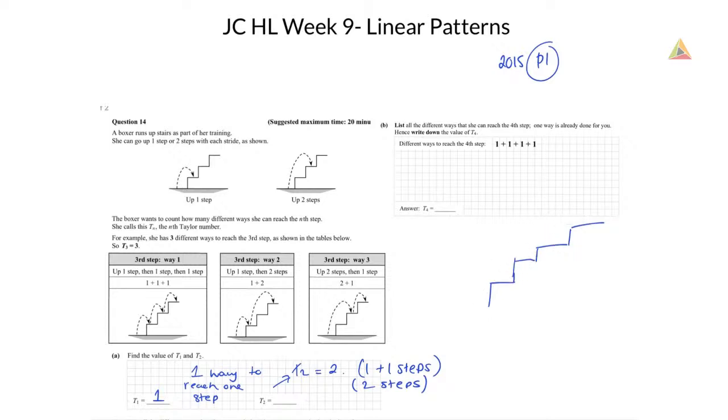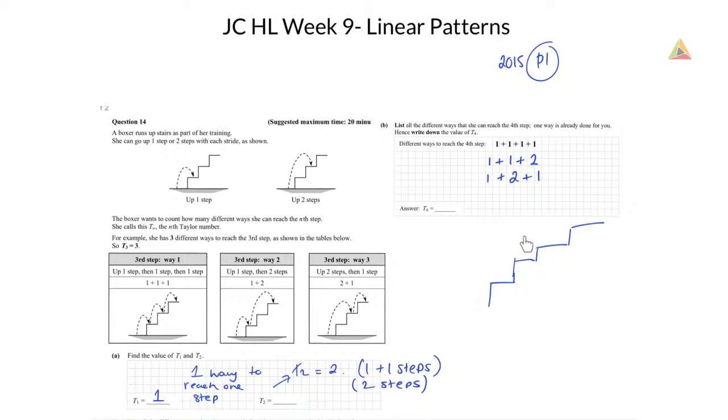So that's 1 way. Now she could also go up 1, 2 and then jump 2. So that would be 1 plus 1 plus 2. She could also go 1 plus 2 plus 1. She could also go 2 steps at a time first.